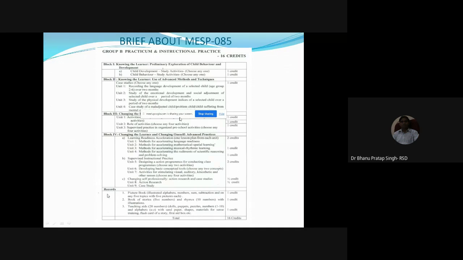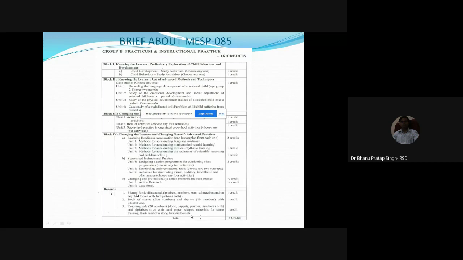At the bottom, it is written records: a picture book you have to prepare, a book of stories you have to prepare, and number 3, teaching aids. You have to prepare dolls, puppets, puzzles, number system, alphabets, sandpaper shapes, material for science training, flashcards of stories, a first aid box, etc.